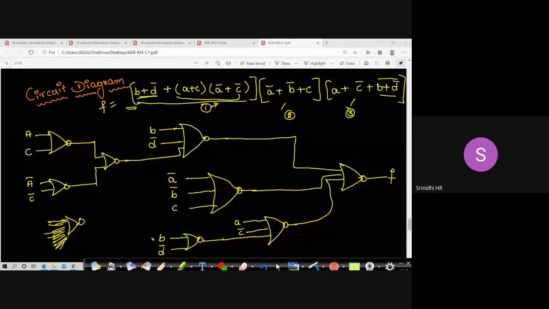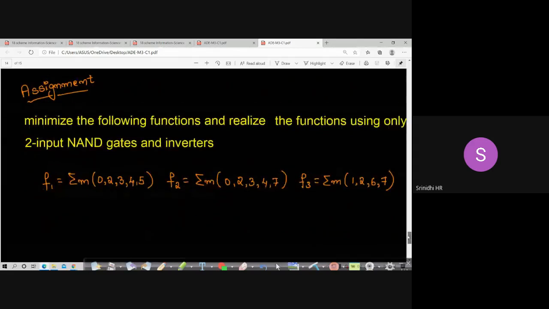Okay, if that's the case, let's go ahead. Take down this question quickly. This is your second assignment for today's class. Minimize the following functions and realize the functions using only two input NAND gates and inverters. You need to consider all these equations.